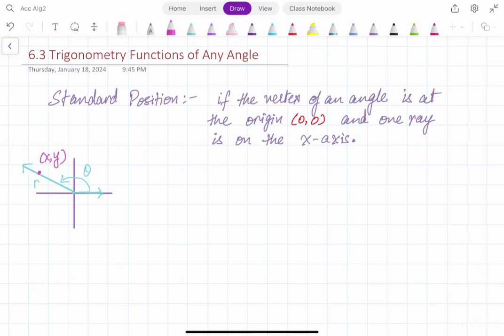As you can see, we are extending the angle on the left-hand side of the screen, and x and y is the coordinate. So the x-axis is working as the initial side.